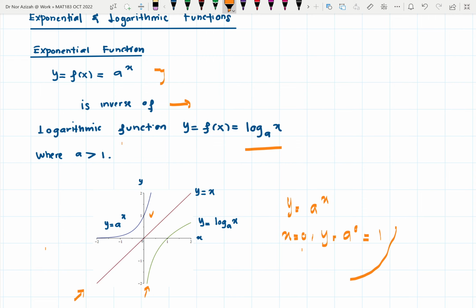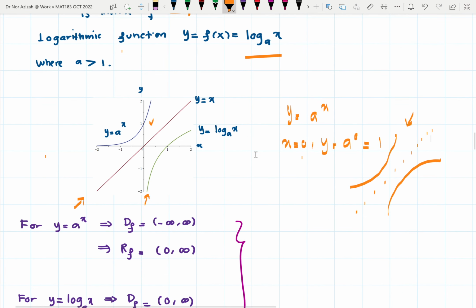If you cannot remember, one way is to use a table. Otherwise, you should know the basic graph for the exponential function is this one. The logarithmic function is the inverse of the exponential function, so you will get this one. This is the axis of symmetry.